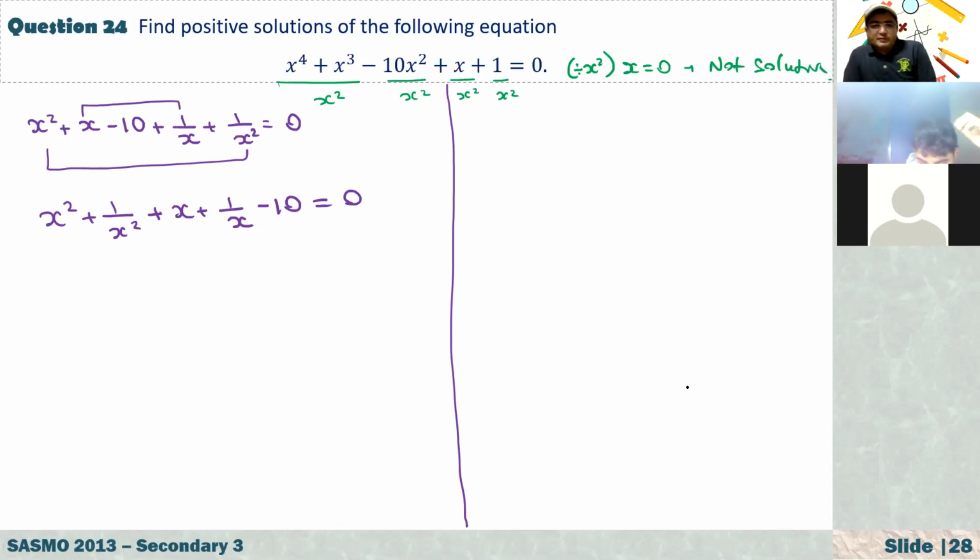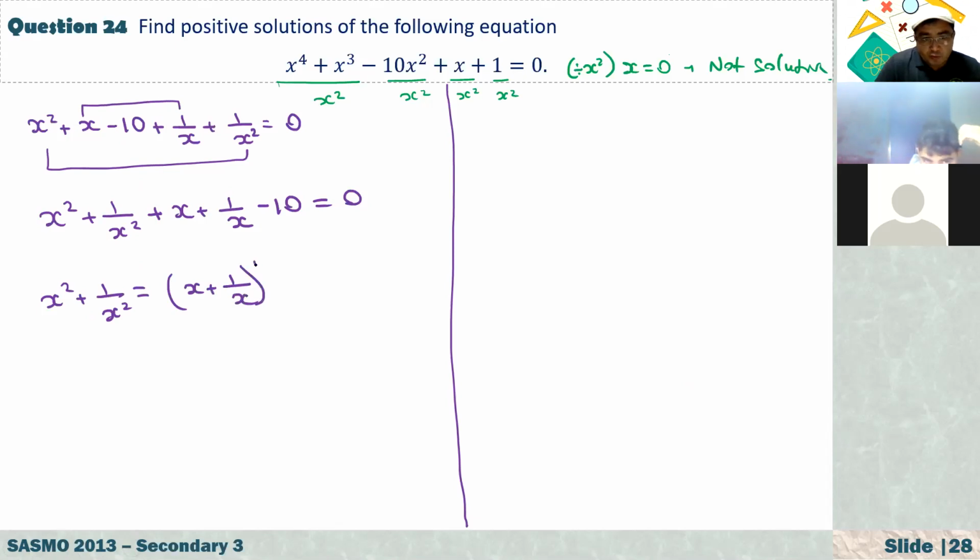And also, actually, if you remember, this x squared plus 1 over x squared, what is it? It's just equal to (x plus 1 over x) squared minus 2, right? Because 2 times x times 1 over x is equal to 2, and then minus 2 is just equal to 0.